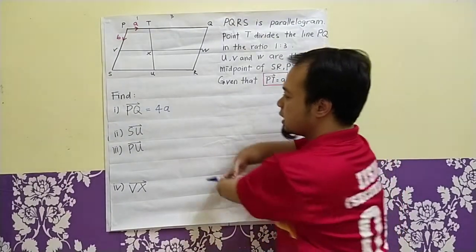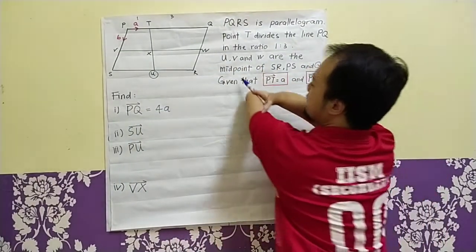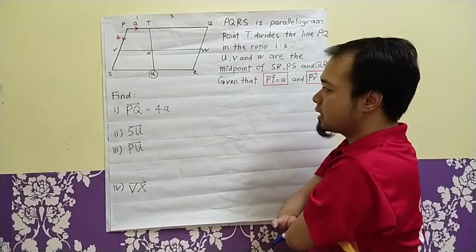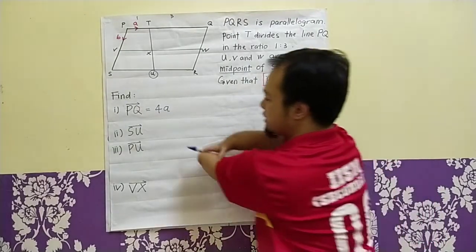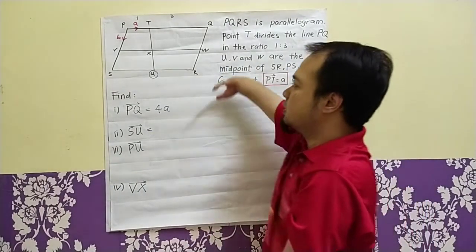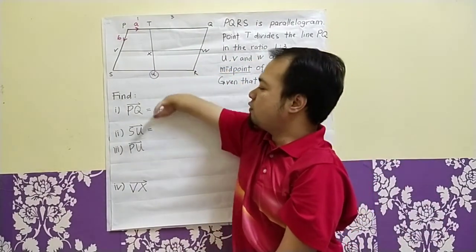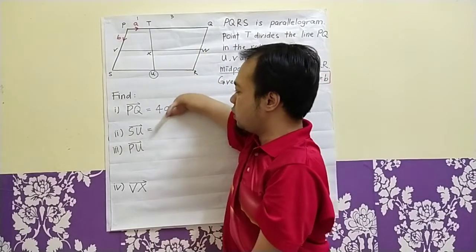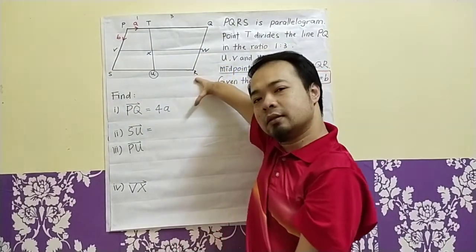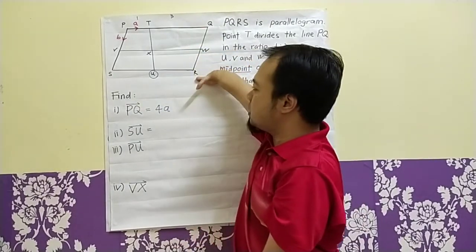Next, question number 2: SU. U is the midpoint of SR. From the information we know, this shape is a parallelogram. If PQ is equal to 4A, how much will SR be? Yes, 4A also, because PQ and SR are parallel.